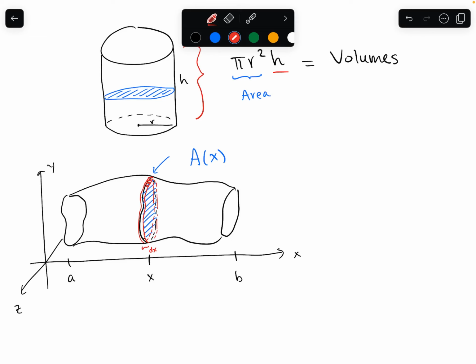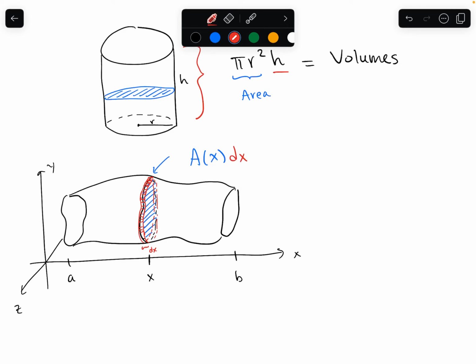And so that gives you a tiny little bit of the volume of this entire thing. Or you just get the volume of this really tiny piece at x with a really tiny width, dx. And so this A(x) dx is the volume of one small part of the cross section.